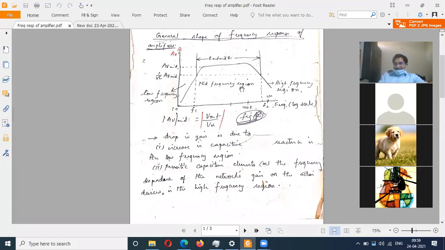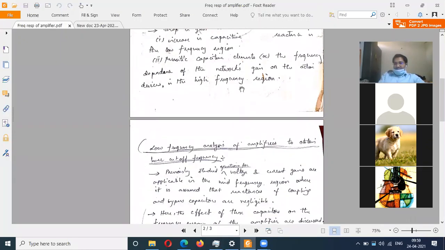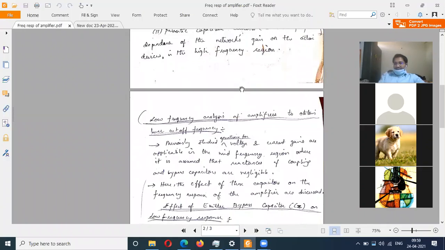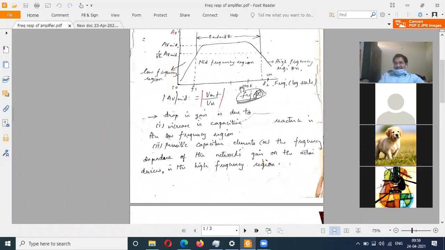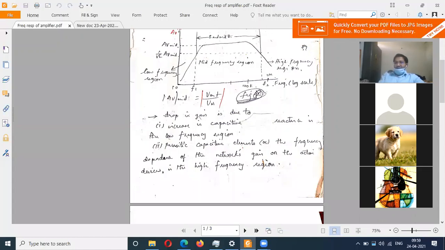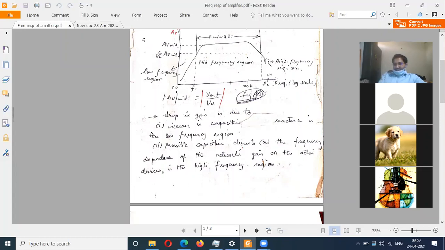Now, as per whatever we have discussed, if the circuit capacitors are the only reason for these characteristics, then the characteristics should continue straight, isn't it? But that is not the case. The characteristics again fall. The gain falls after certain frequencies, and this is due to the junction capacitors.